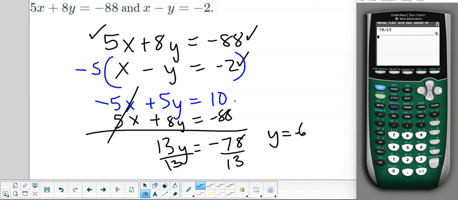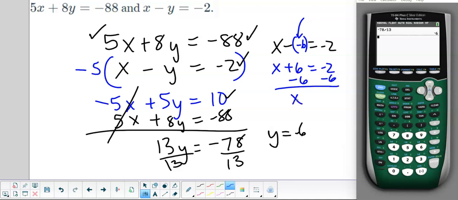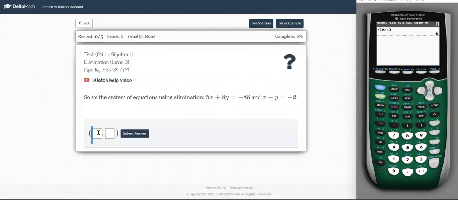This one, that one, or even my modified sentence. I'm going to erase and replace the letter y, and its substitute is a negative 6. Don't forget that negative sign. So x minus negative 6 is x plus 6. So x is equal to negative 8. So my two solutions are negative 8 first, because that's x, and negative 6 second. Negative 8, negative 6.